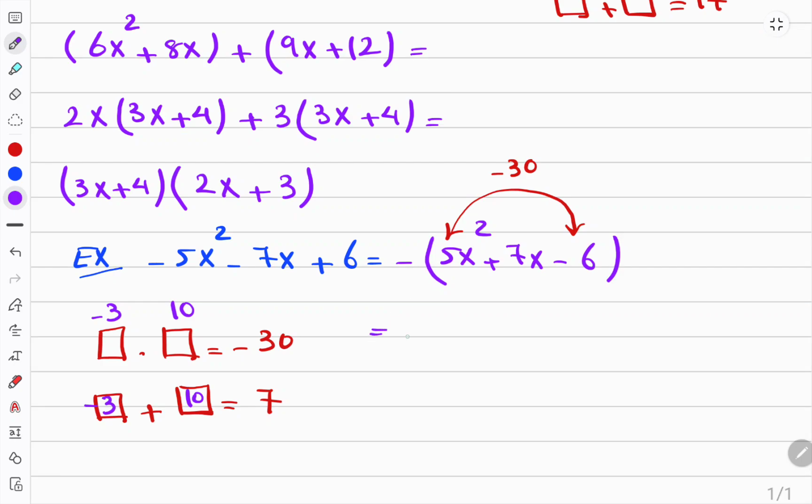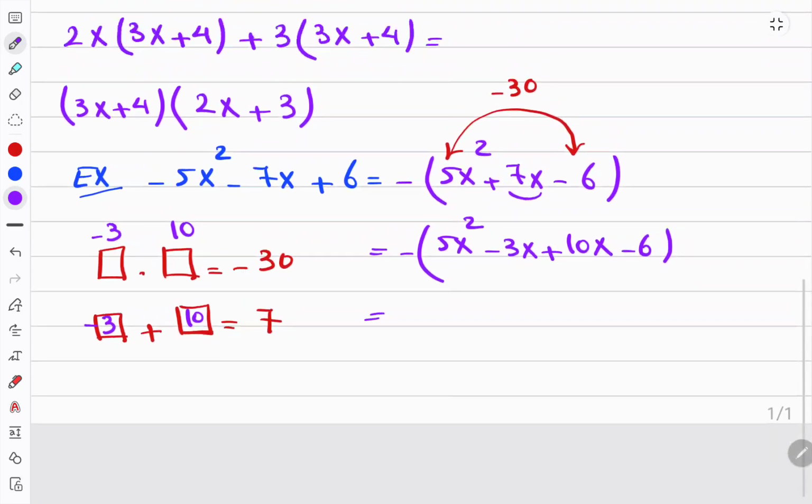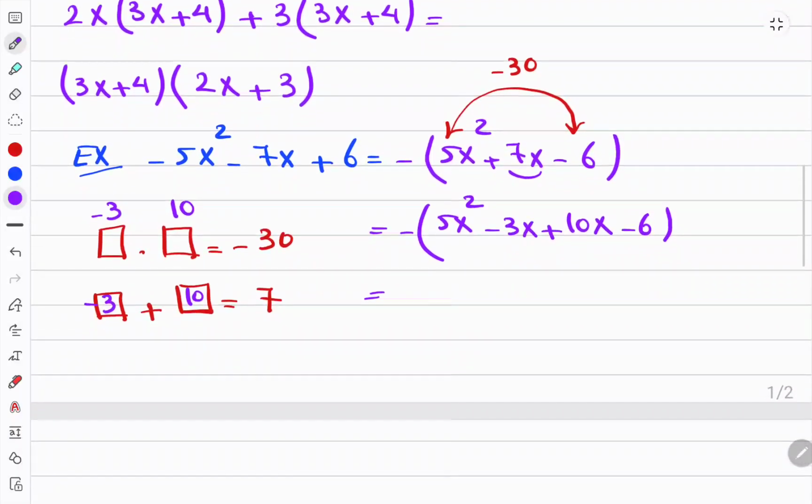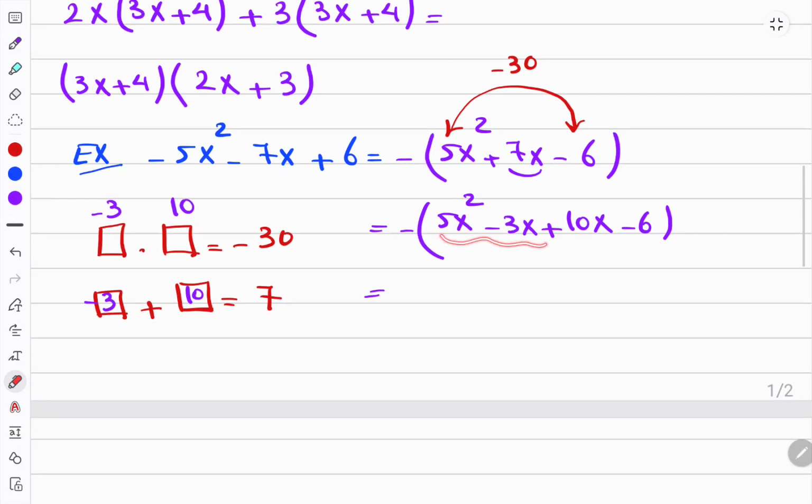So don't forget to write the negative sign. I'm gonna split 7x into negative 3x and plus 10x. And then I'm gonna group 5x squared with 10x.